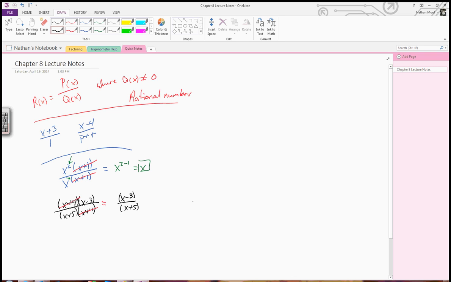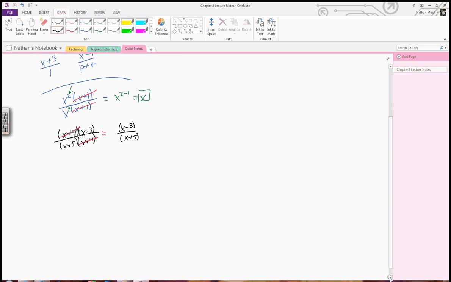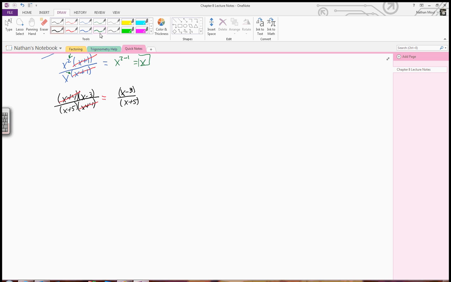So let's try another one. And let me draw a line here so we can see what I'm doing. Let's say we have something like 4x times x plus 3 over 8x squared times x minus 3.